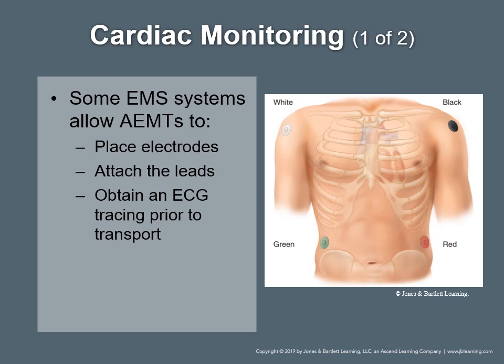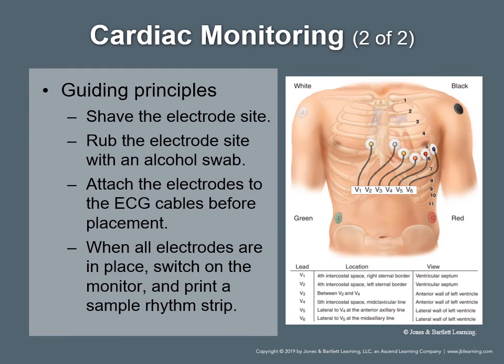Cardiac monitoring. Some EMS systems will allow advanced EMTs to place electrodes, attach the leads, and obtain an ECG tracing prior to transport. For an ECG to be reliable and useful, the electrodes must be placed in consistent positions on each patient. Follow your guiding principles.